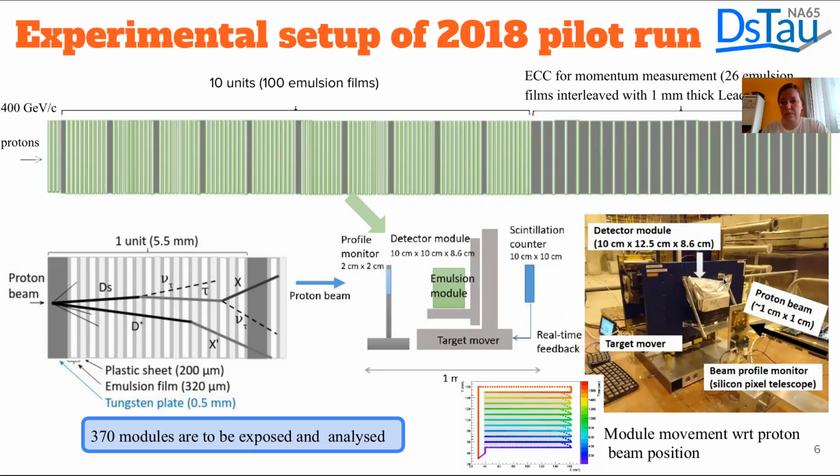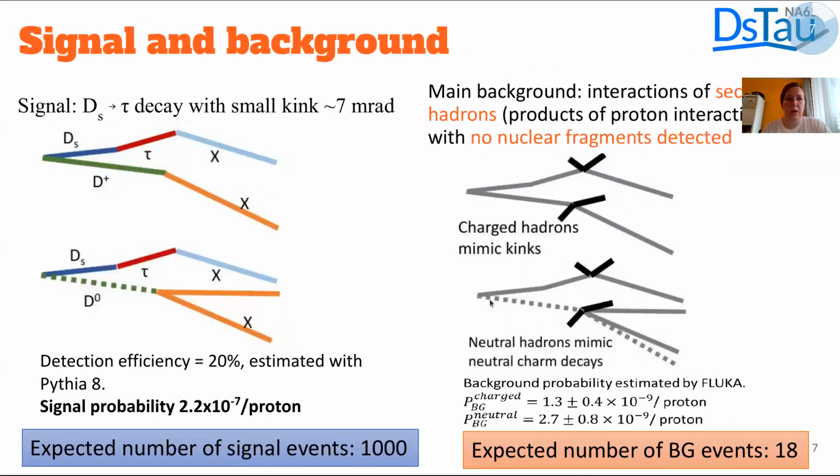It's installed on the target mover, and we have a signal from other detectors which count proton beams, and the target mover, according to this signal, moves the detector in such a way that we have a smooth intensity of protons along the whole detector plate. So we look for such a signal.